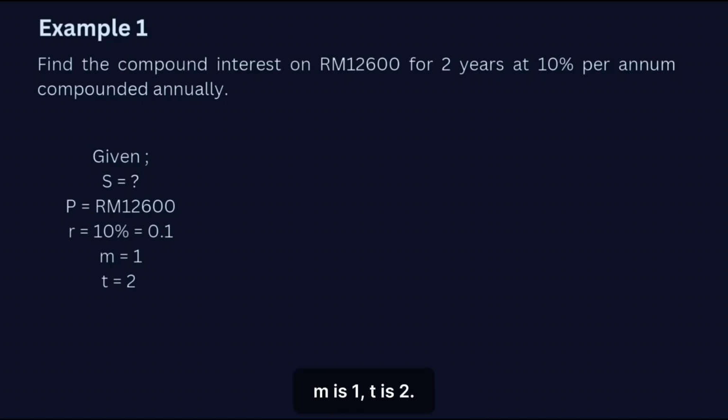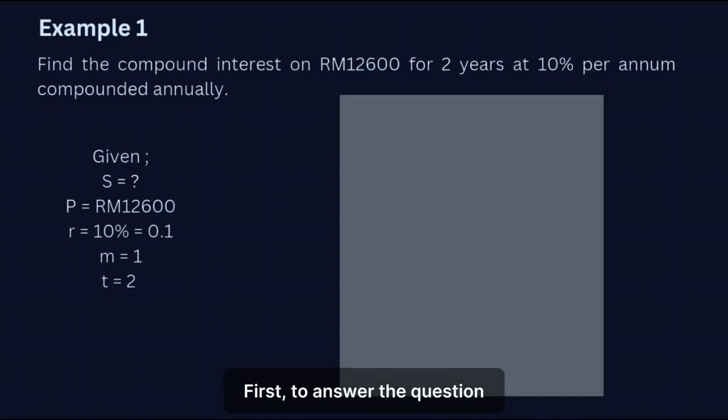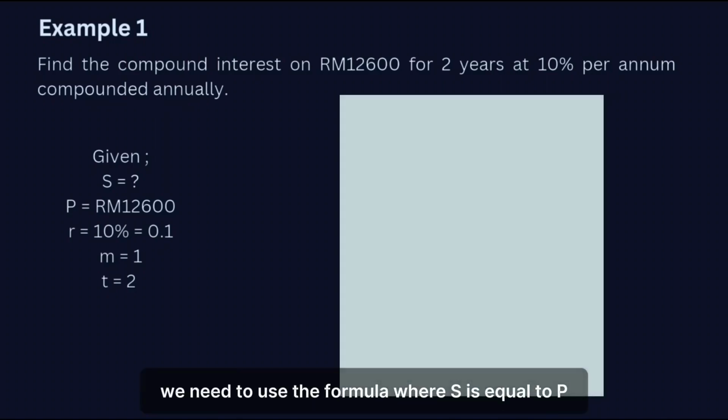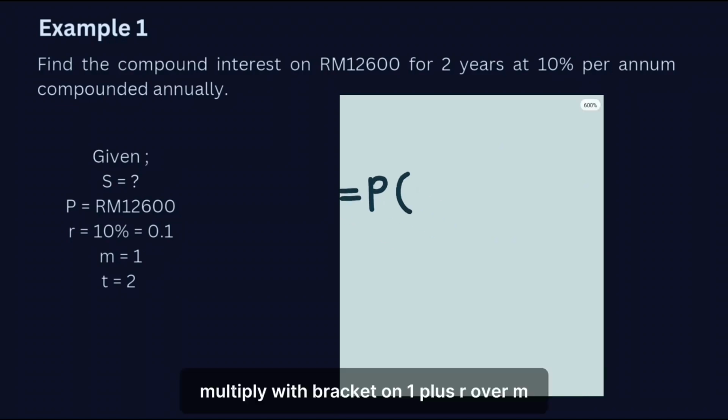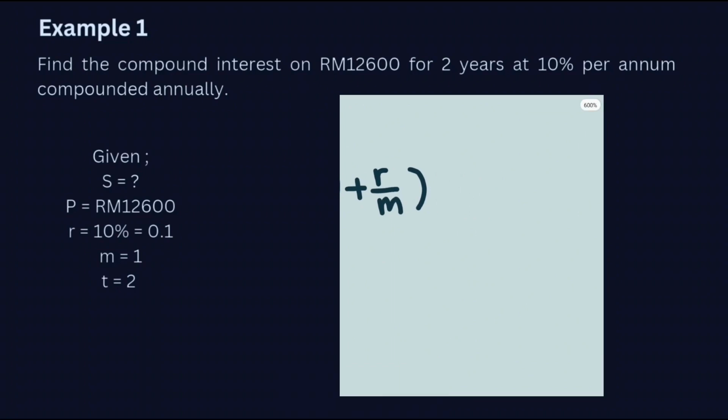M is 1. T is 2. First, to answer the question, we need to use the formula where S is equal to P multiplied by bracket 1 plus R over M, close bracket, then to the power of M multiplied by T.